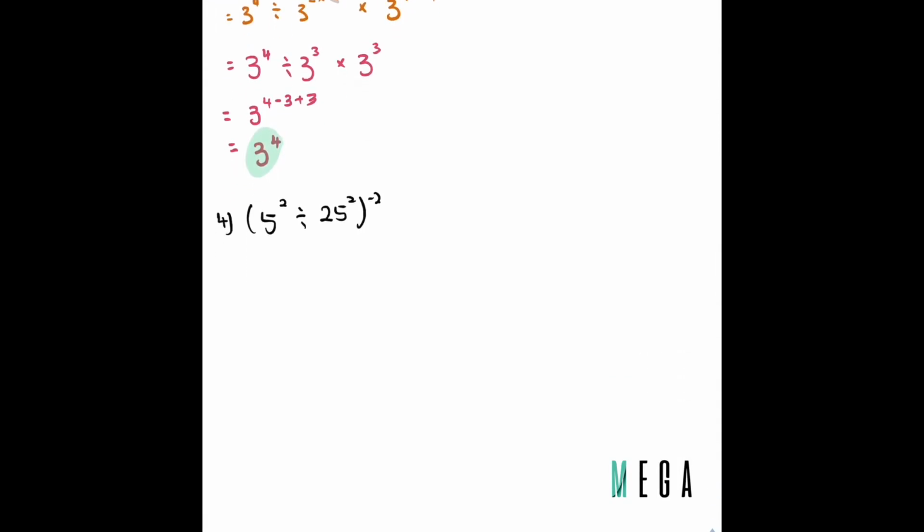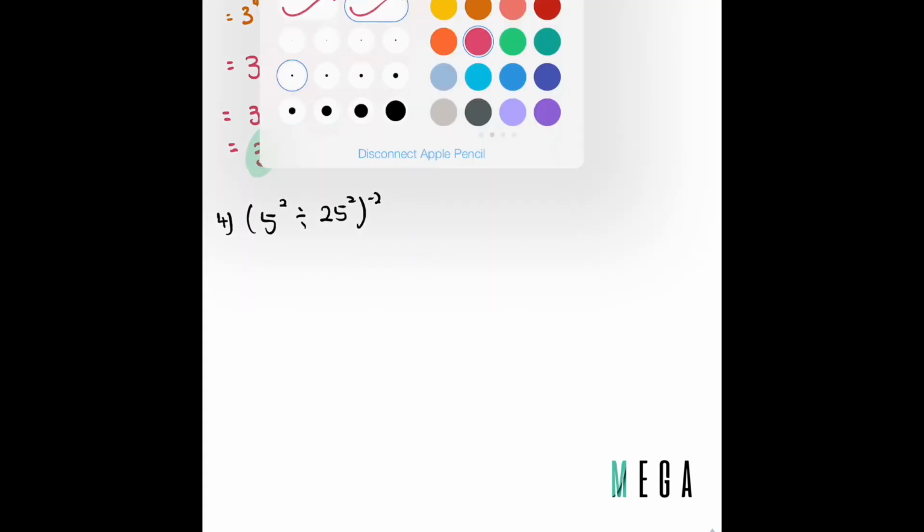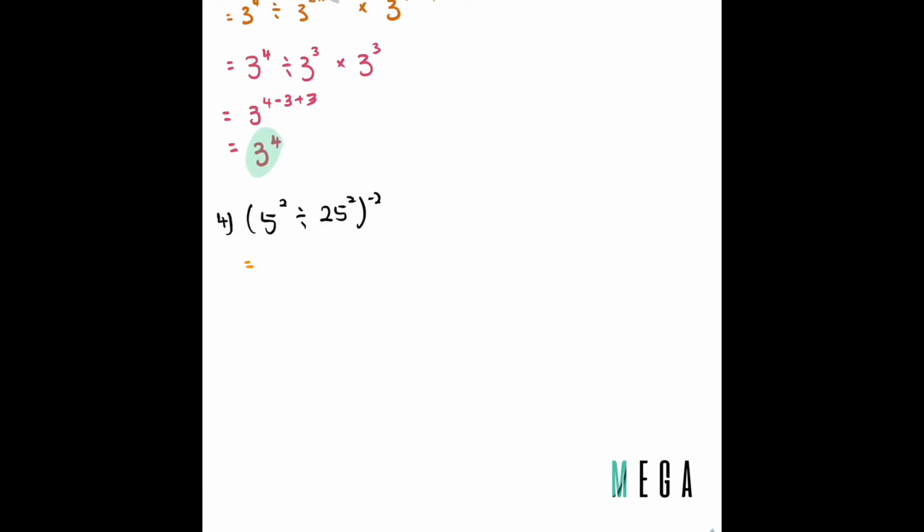And the next question I have looks something like this. You actually need to use the same rule in order to solve this question. So 5 to the power of 2 divided by 25, can I write it as 5 to the power of 2 and bracket 2 again, and the whole thing to the power of negative 2. So I try to reduce the term inside the bracket first. By using the same rule, I can write it as 5 to the power of 2 multiplied by 2, and to the power of negative 2, which is 5 squared divided by 5 to the power of 4, to the power of negative 2.